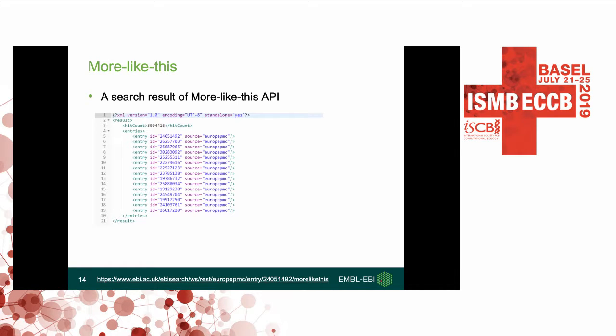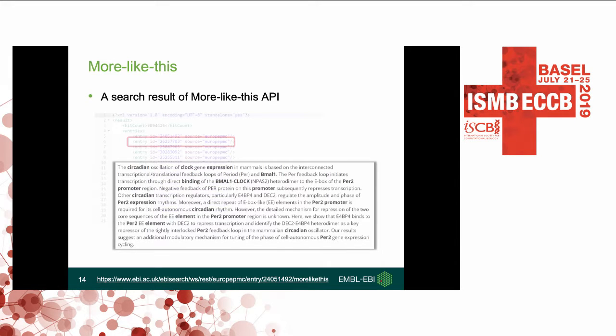Normally, the first entry is the same as the given entry, so the second entry can be thought of as the most similar entry. This is the abstract of the second entry. We provide a number of parameters to tune the result by changing the rules of how to pick up terms from the given entry.